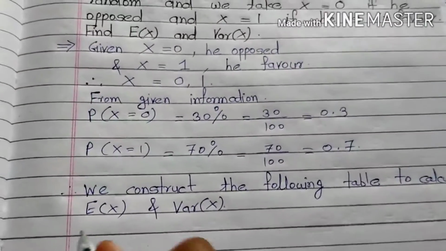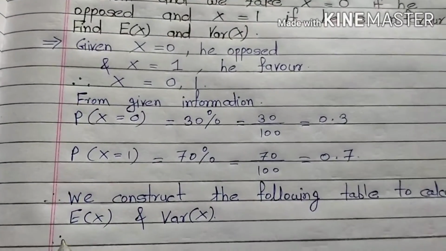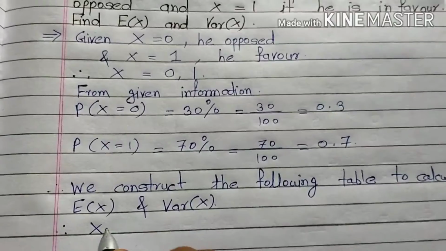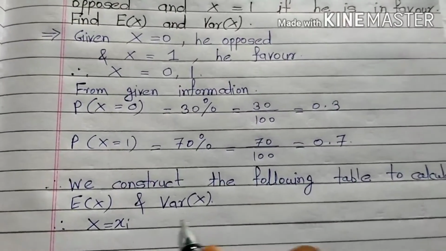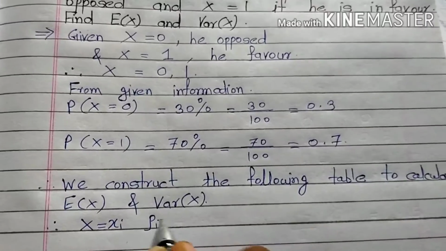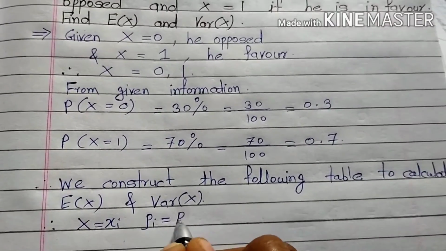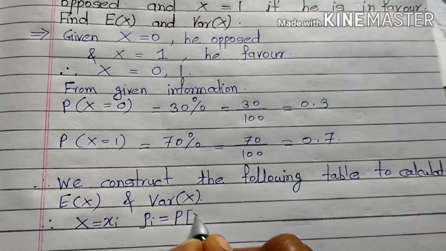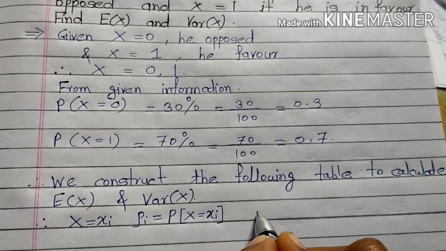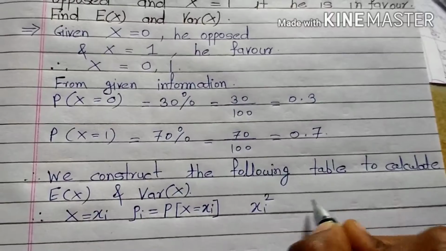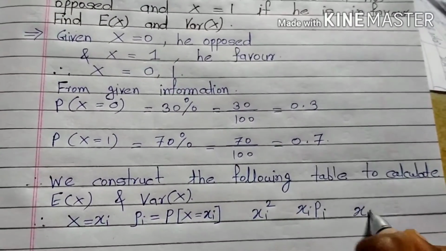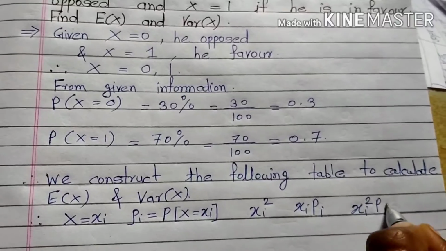Okay, so here we construct the table. So it is x, which is equal to xi. This is pi, which is P(X = xi). This is xi square. This is xi pi. Xi square pi.